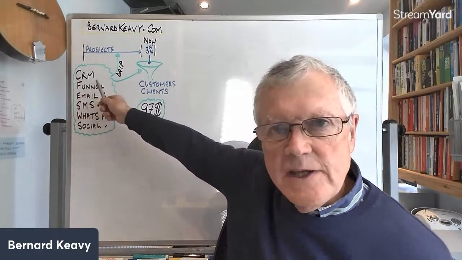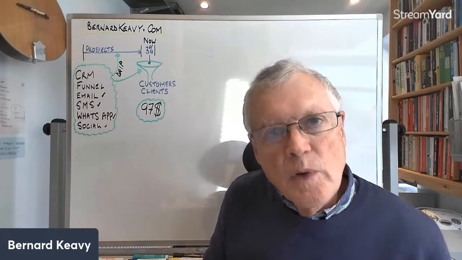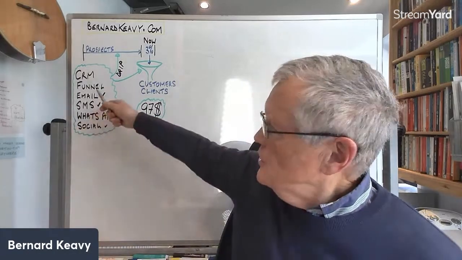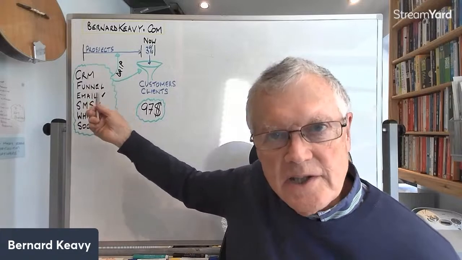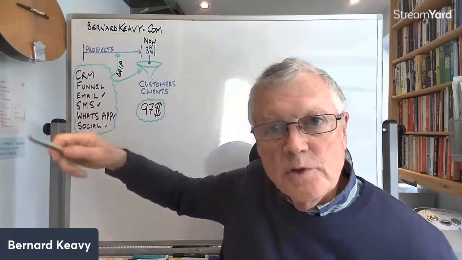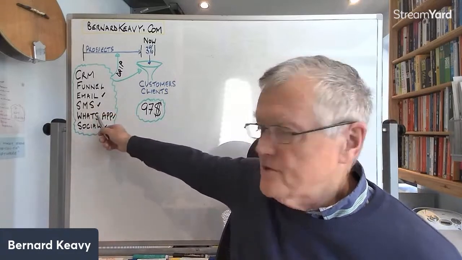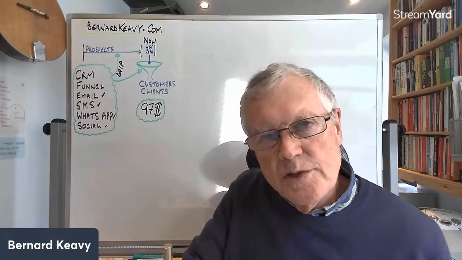You can use it to keep a record of where you are with each prospect, that's your CRM system, and where you are with each customer, again part of your CRM system. You could set up your sales funnel on it, map out how that works and keep track of it. You could set up your drip campaigns on email, on texts, on WhatsApp, and on social media, all in one overall system.